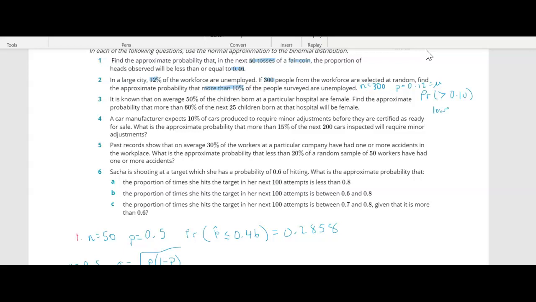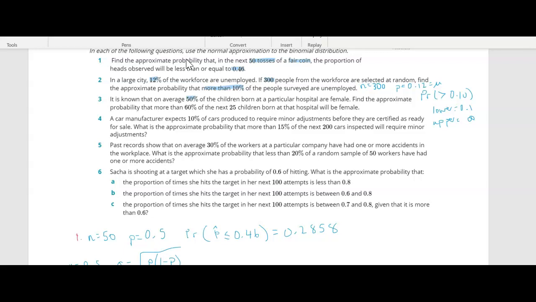All right, so your lower limit is 0.1 and your upper is infinity. So just make sure you calculate the standard deviation before you use your calculator, and don't use a rounded standard deviation. More decimal places you have, the better. All right, so for question 3, it is known on average that 50% of the children born at a particular hospital are female.